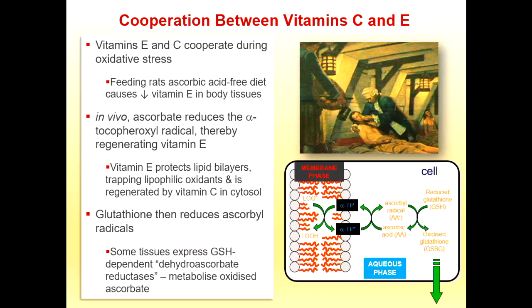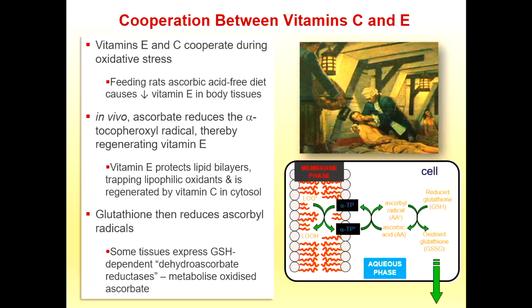Okay, so this is a cooperative system that helps biological systems detoxify membrane phase free radicals, and it's a way of protecting all those polyunsaturated fatty acids that we considered yesterday that are so vulnerable to lipid peroxidation.